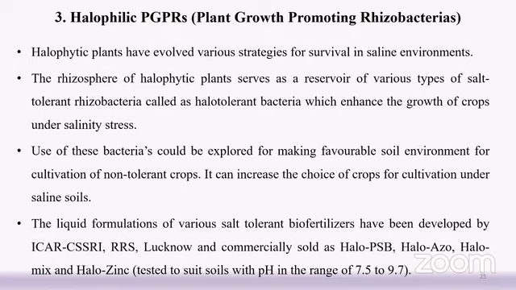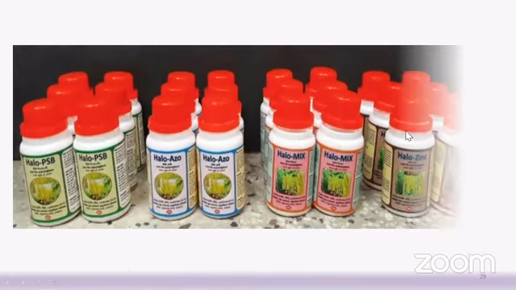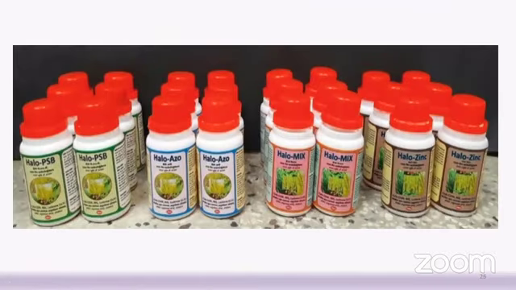So if soil health is deteriorating in such soil, we can help enhance the soil health by adding such plant growth promoting rhizobacteria. These are the pictures of these cultures, Halo PSB, Halo Azo, Halo Mix, and Halo Zinc, and they are commercially available.